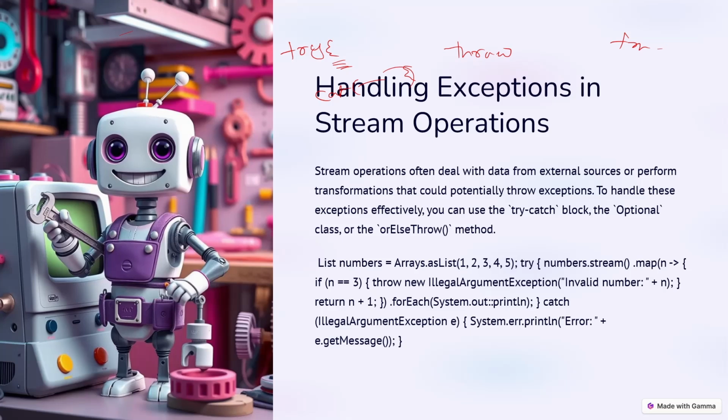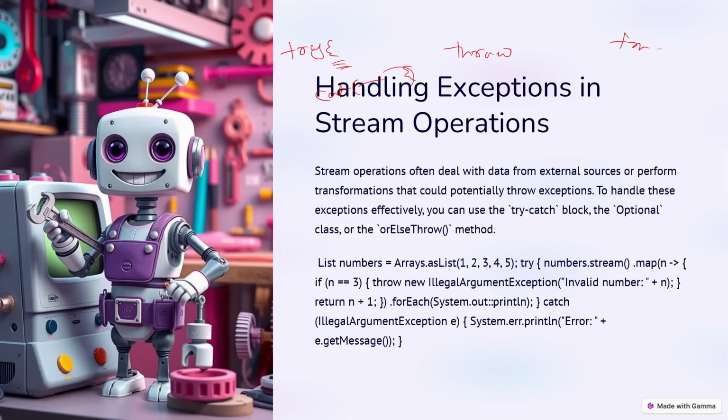Let's see how we handle it in streams. Stream operations often deal with data from external sources or perform transformations that could potentially throw exceptions. To handle these exceptions effectively, you can use the try catch block, the Optional class, or the orElseThrow method.